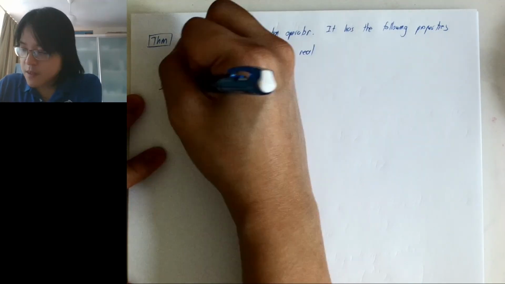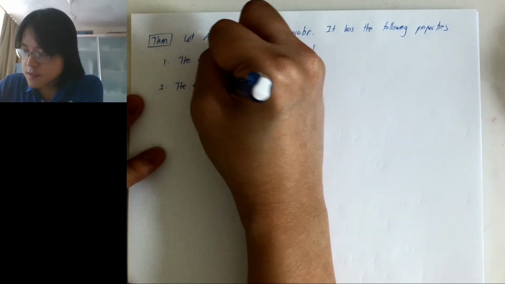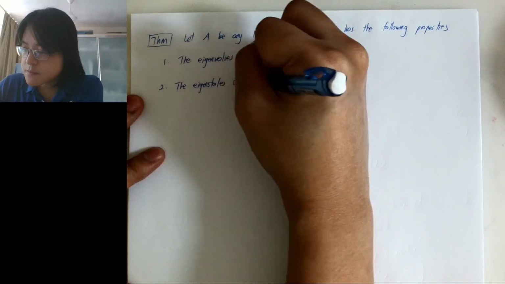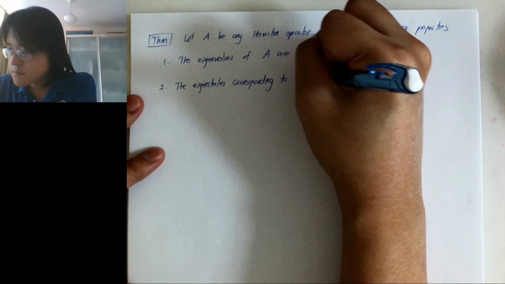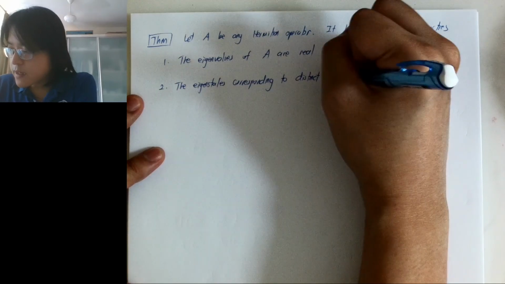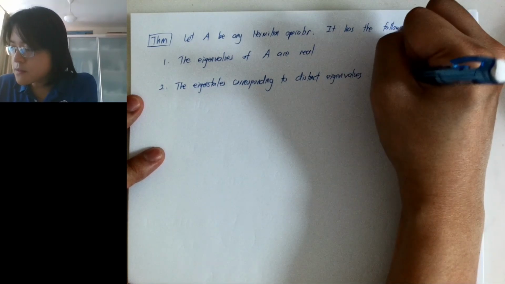I'll finish right first, but it's actually going to be something interesting to relate to here. The eigenstates corresponding to distinct eigenvalues are orthogonal to each other.